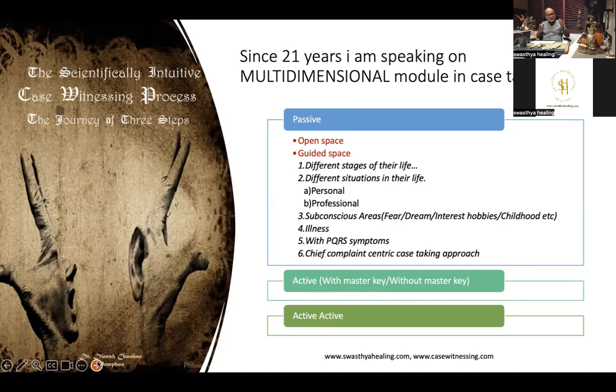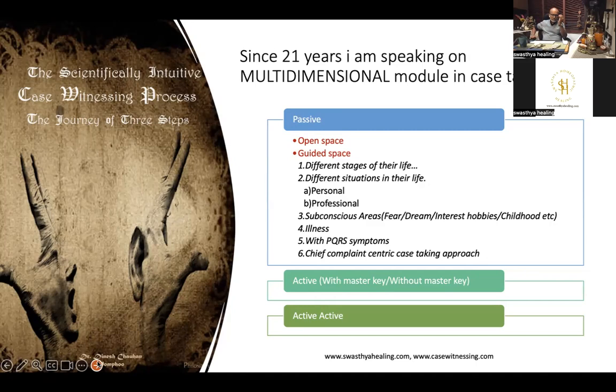Then once they stop, you guide them into different stages, different situations in their personal and professional life, and then into their subconscious, like fear, dreams, imagination, daydreams, art, interests, hobbies, etc. Then you guide them into illness.